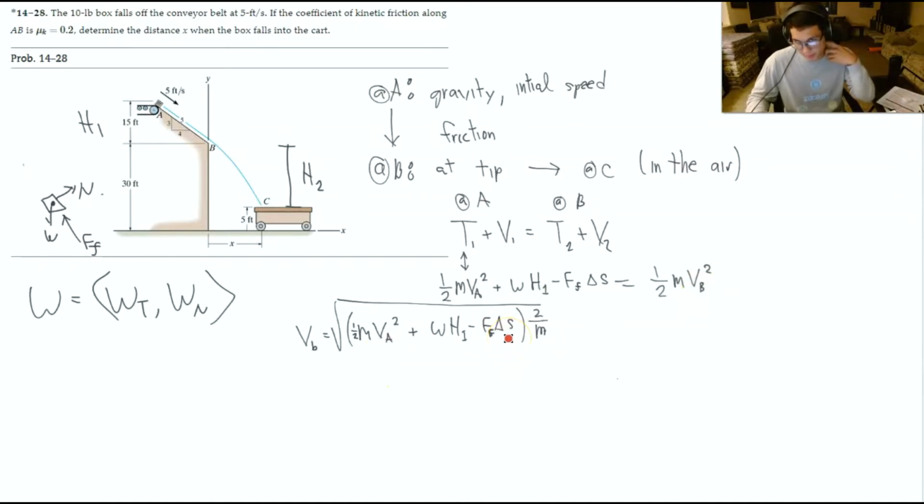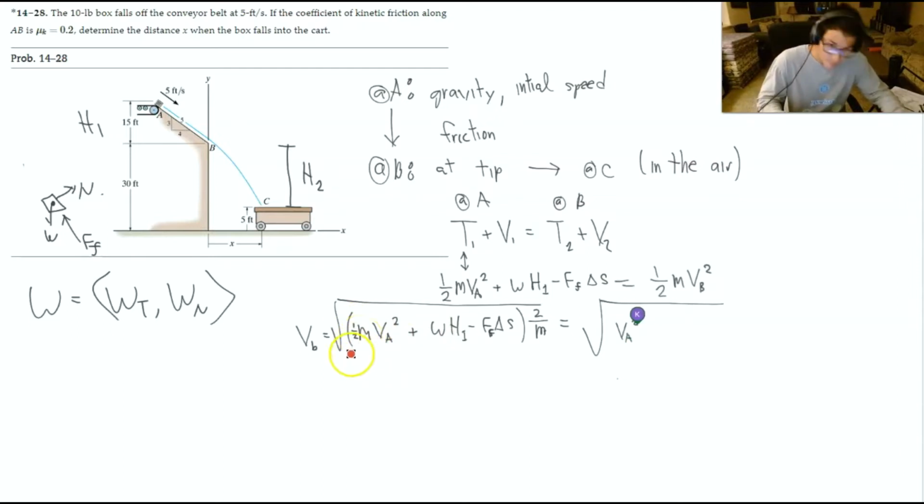And as you can see, we can simplify this a little bit more. So 2 and m, well, this is just going to be VA squared. And then this will be 2w over m h1.